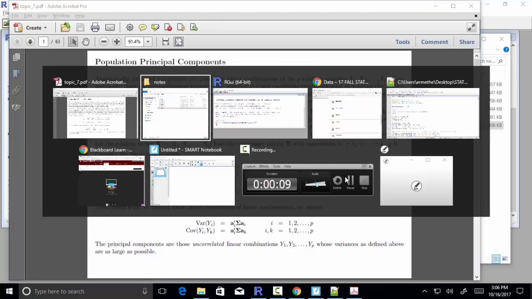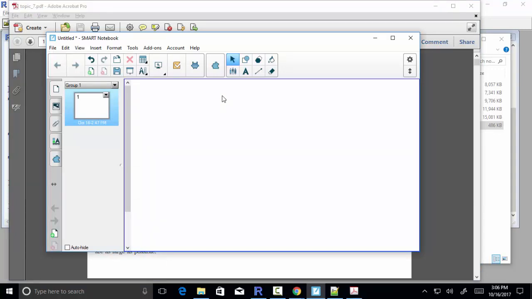So in principal components, here's the problem set up. We have a collection of variables, p variables. And with a sample of data, we would have n observations of each one of these.